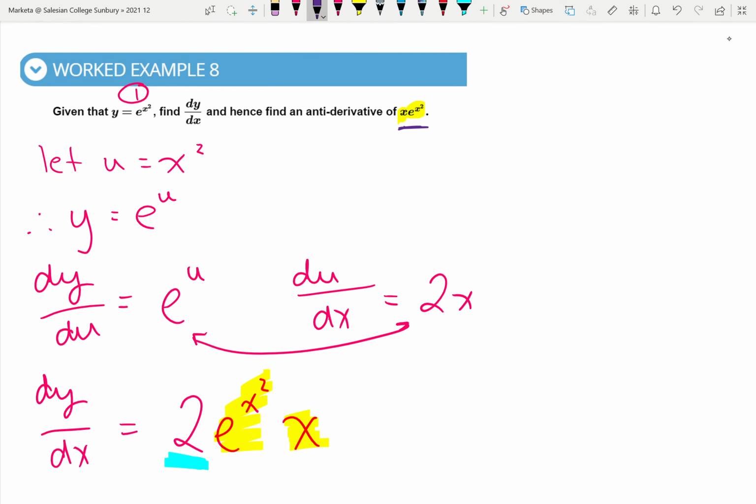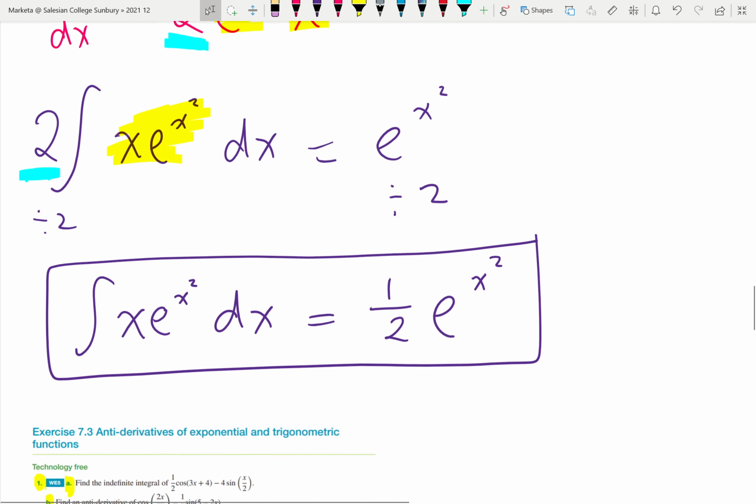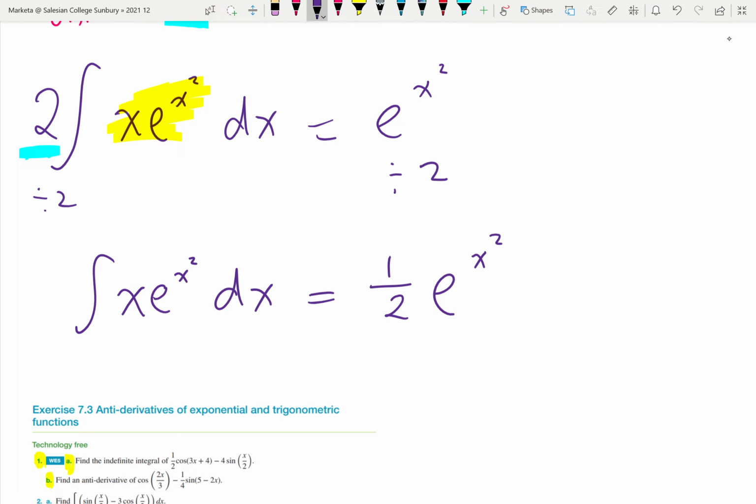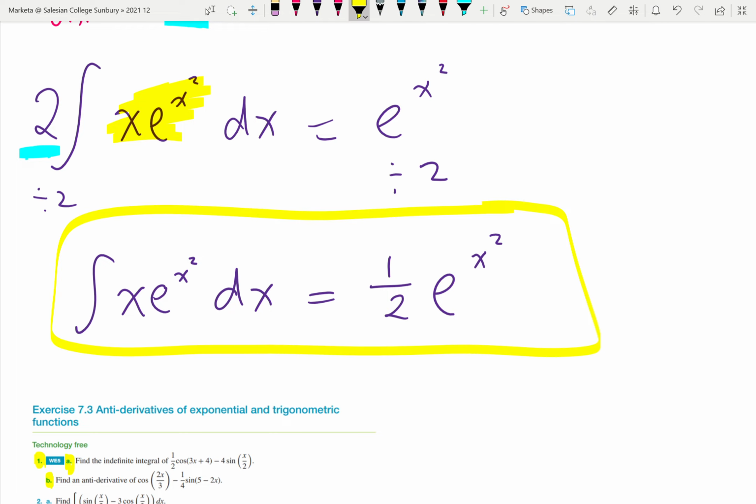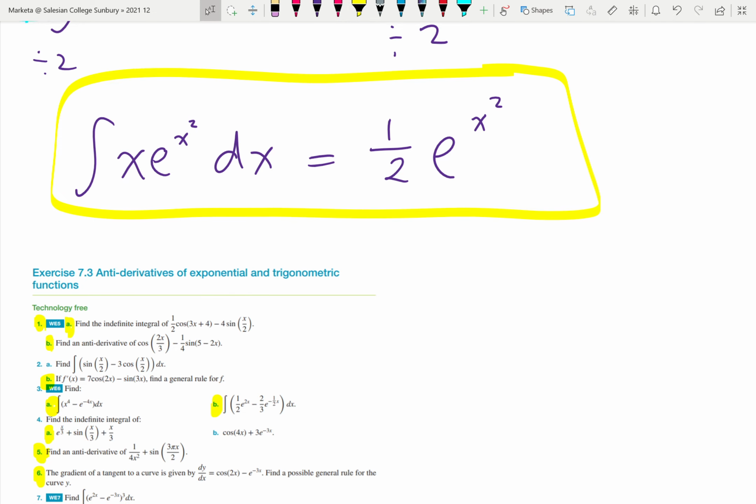And just to be sure, it says an antiderivative. If it said the antiderivative, I'd have to put plus c. But because it says an antiderivative, I don't, because the c value could be 0, and that would be an antiderivative. Okay, that completes the worked examples from 7.3.